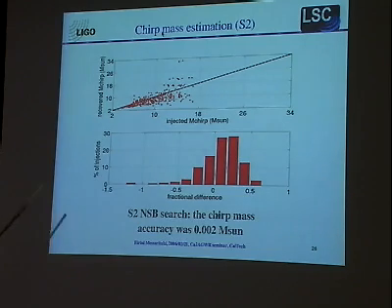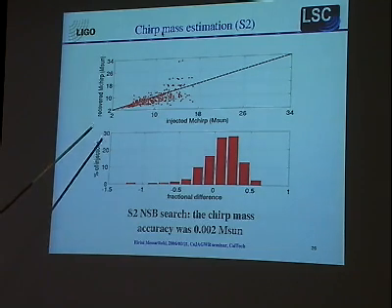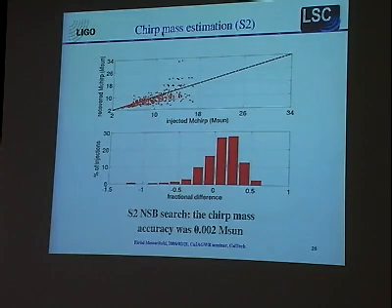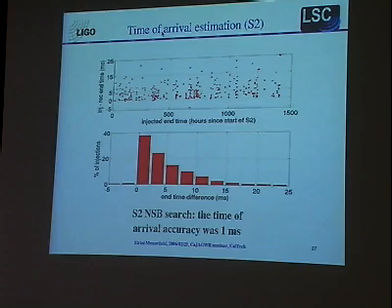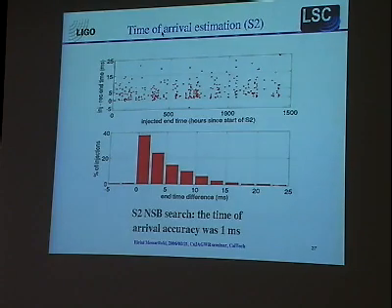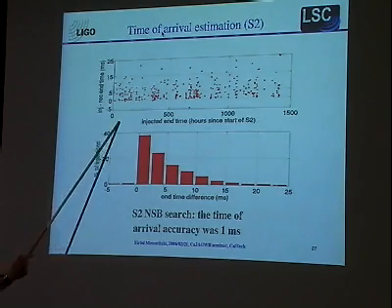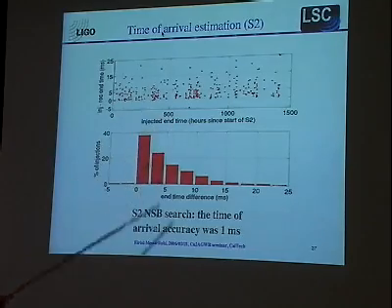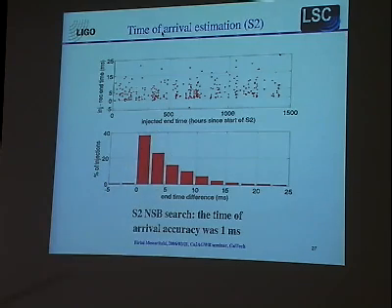So the accuracy by which we could recover the chirp mass here is a few solar masses. And just to give you an estimate, in the S2 neutron star binary search, the chirp mass accuracy was 2 × 10⁻³ solar masses, so 3 orders of magnitude better. Now, regarding the time of arrival estimation, the x-axis here has just the injected end time in hours since the start of S2.